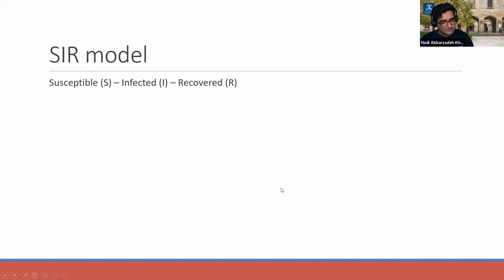Let's have an example about how we can use system dynamics in modeling a pandemic. We are looking at one specific type of pandemic modeling, which is called SIR, where we have susceptible people, infected patients or infected people, and recovered ones.